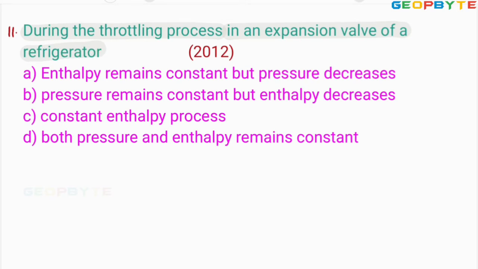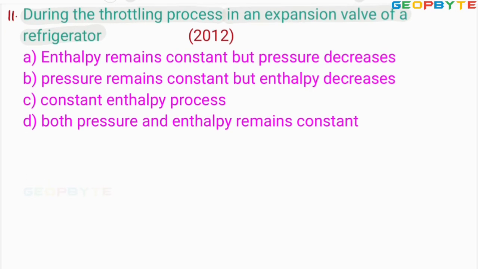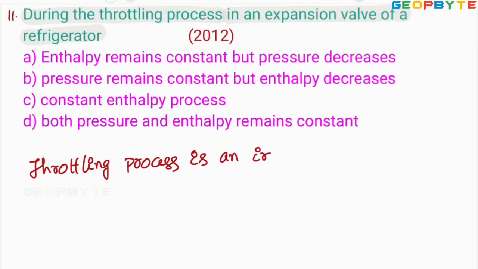Dear friends, remember, throttling process is an irreversible adiabatic process. In the throttling process the main function is to drop the pressure.